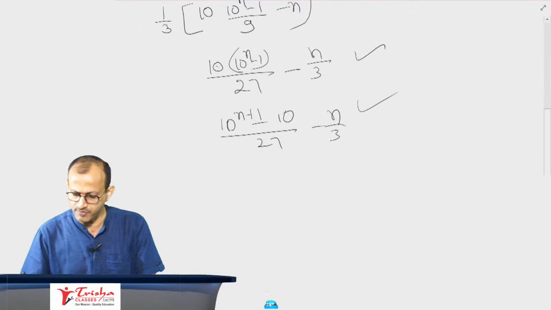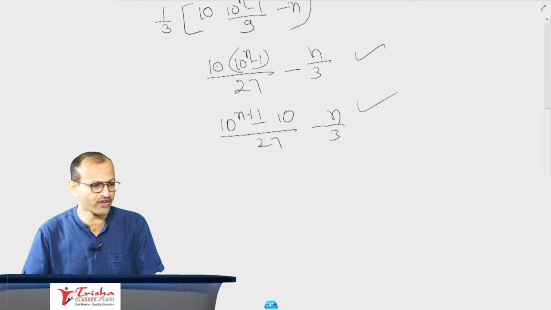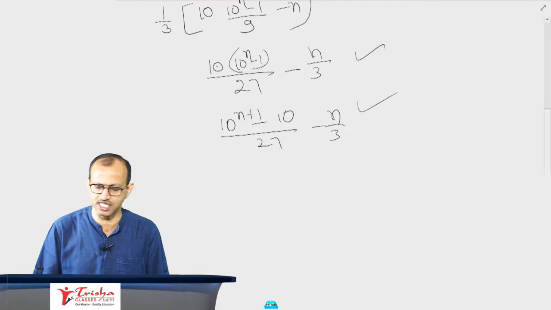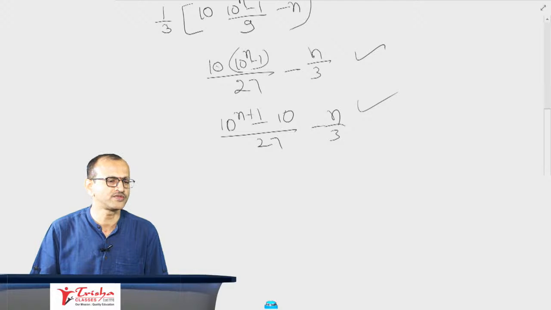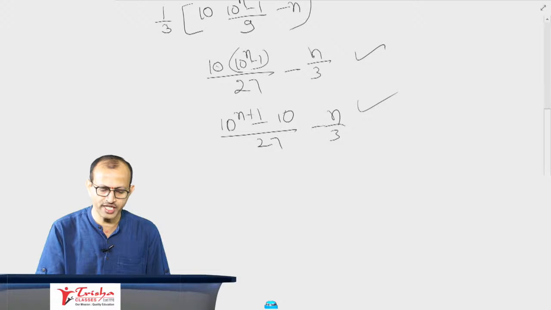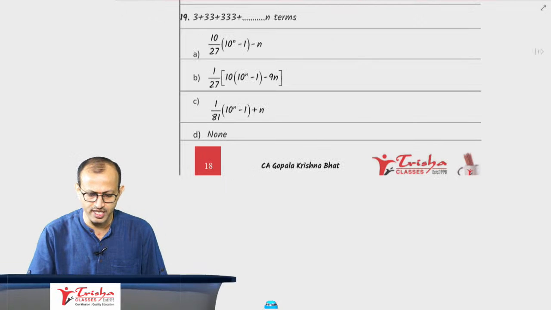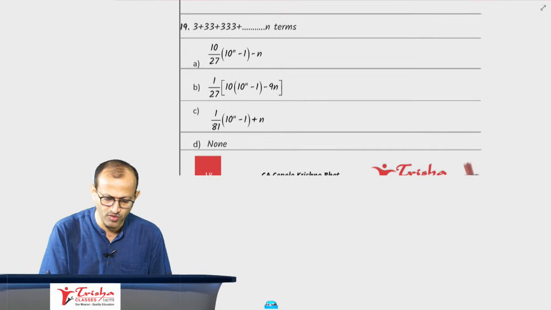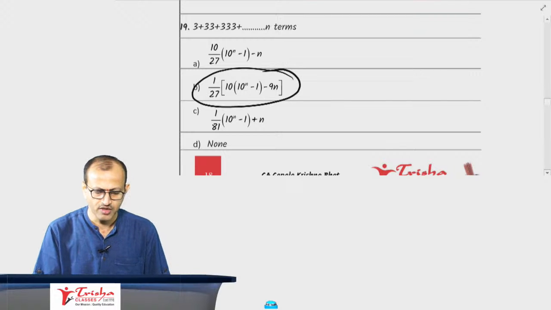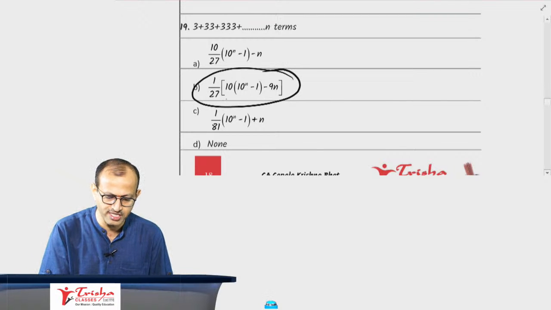I will give one more easy method. If you have completed, have you taken this last answer? Shall we look at the options now? So 27 is coming, look at here. So this is what we have arrived: 10 by 27, 1 by 27 into this.